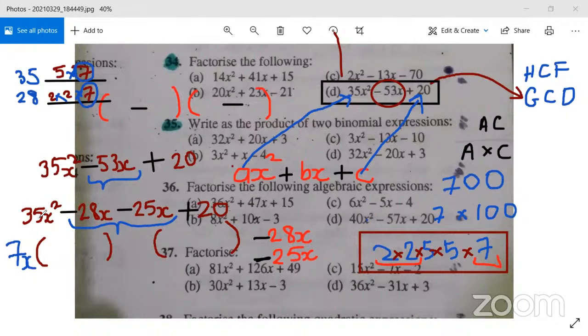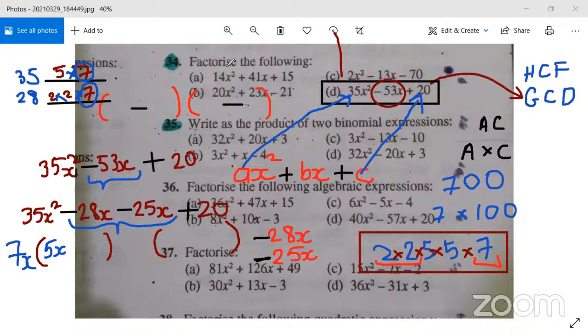So 35, and of course the x squared over x is always x. So if we divide this by this, naturally we'll have 5. So why not put the 5x here? Now, if you're not sure that you did this right, multiply 7x by the 5x. If you do not get 35x squared, then there's something we did wrong.